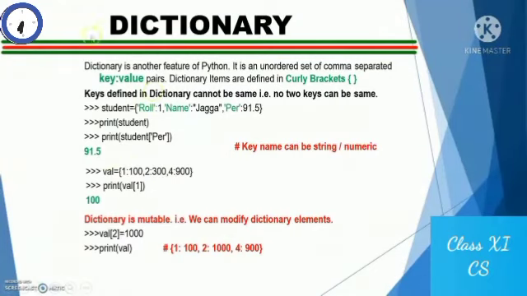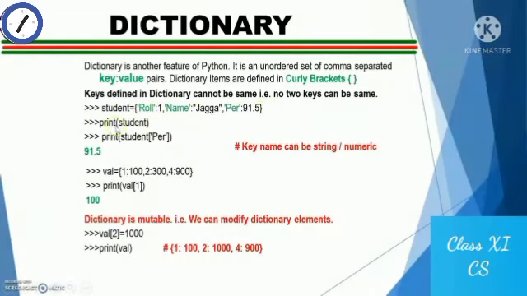Name, colon, Jagga. Like that, we can include the key value pairs separated by colon. Okay. No two keys are the same. By means of this key, we are identifying each value in the record. A dictionary is mutable. That is, we can modify the dictionary elements. The key name can be string or numeric.